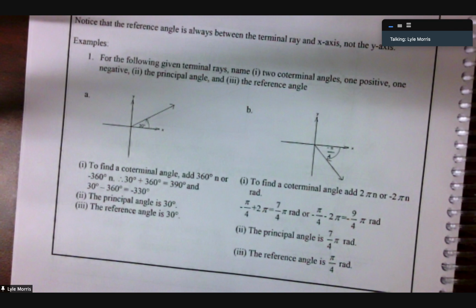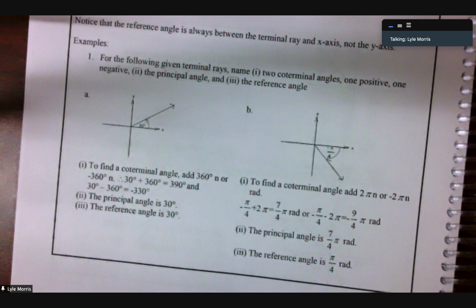For the following given terminal rays, name two coterminal angles, one positive, one negative, the principal angle and the reference angle. So first of all, the reference angle is easiest for this one. It's 30 degrees. Now, if it wants two coterminal angles, so two other angles, one positive, one negative, that end in the same spot.